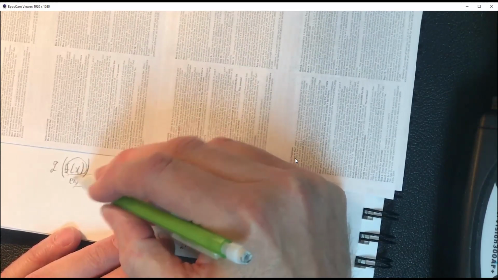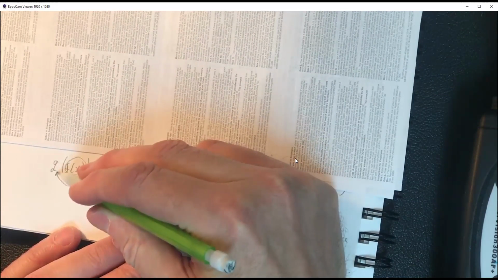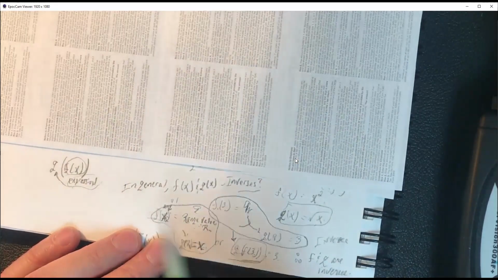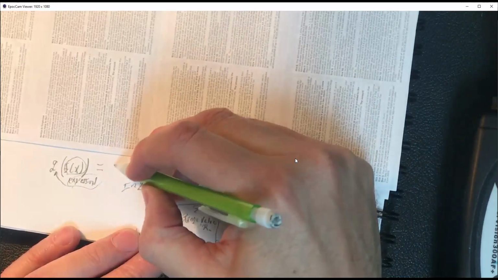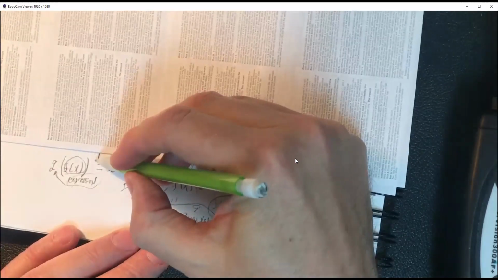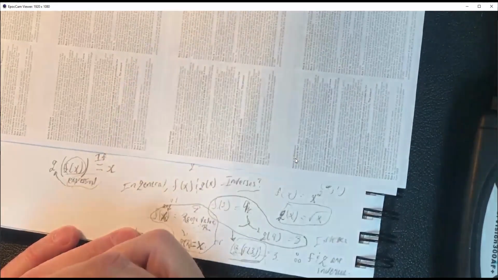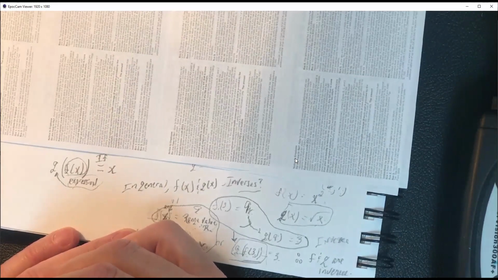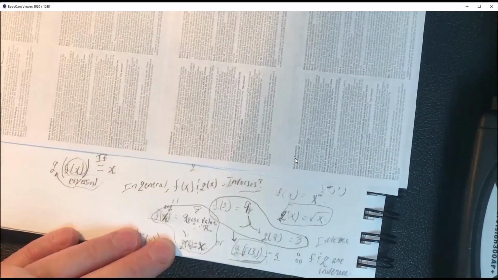Put that algebraic expression into the other function g, and that's the same thing I was just saying. And if we get back to x, well, then we are feeling pretty good about these two functions being inverses of each other.